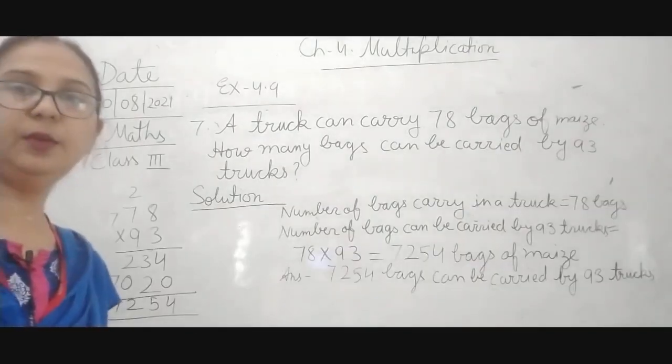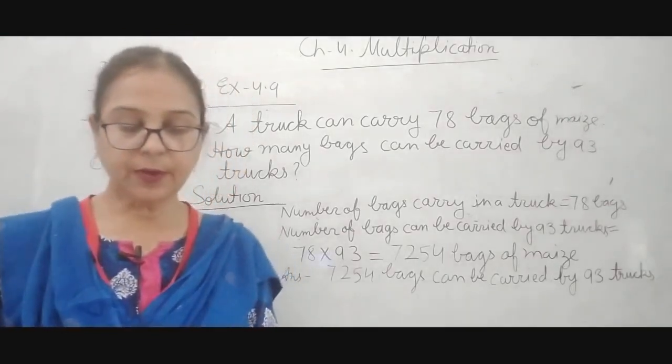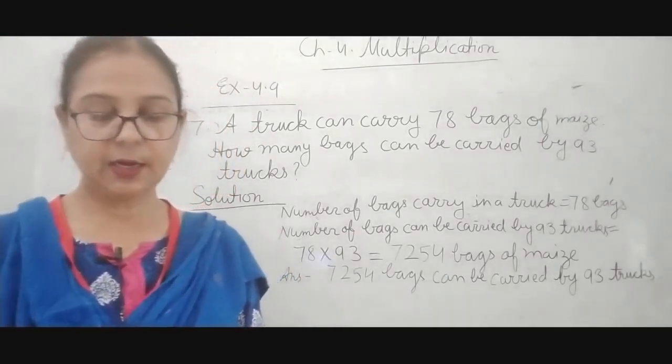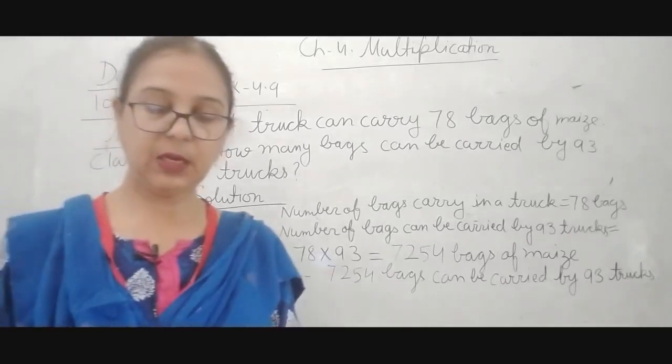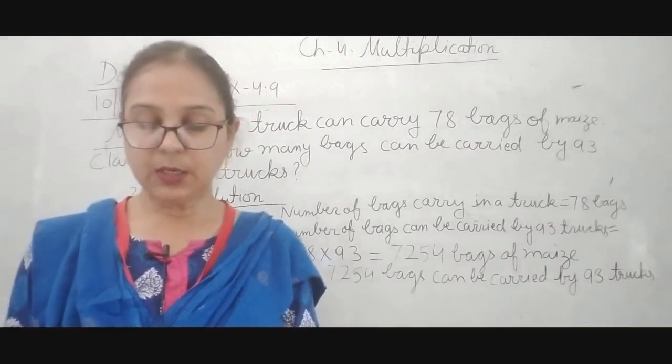Now children, we are going to do our next one, that is number 8. 45 students of a class collected rupees 125 each for Prime Minister Relief Fund. How much money did they collect?